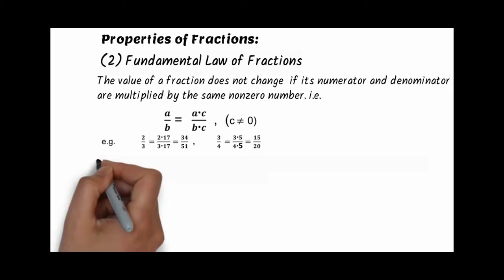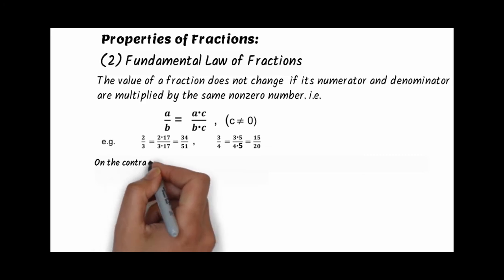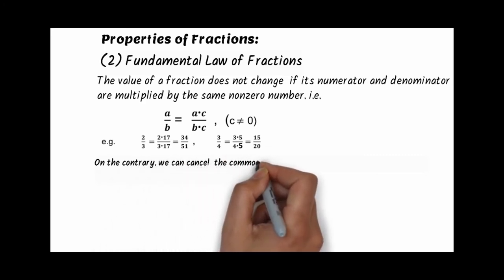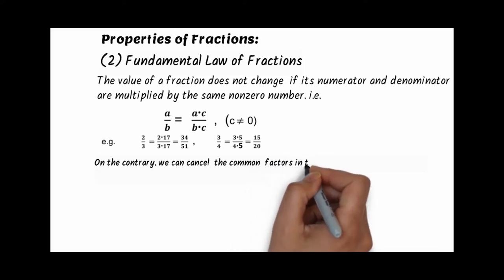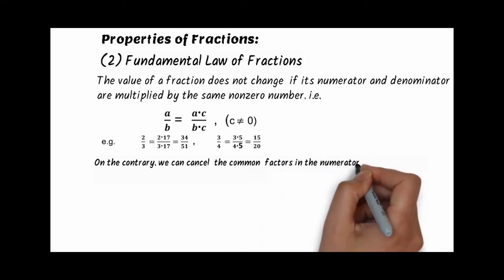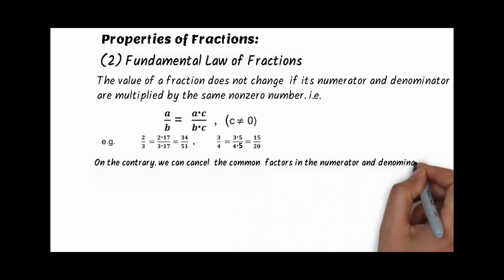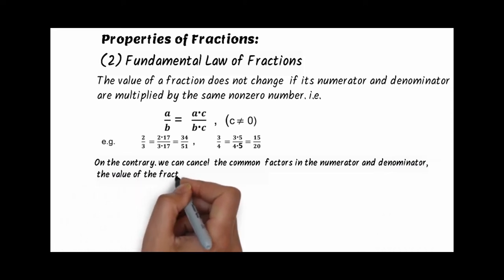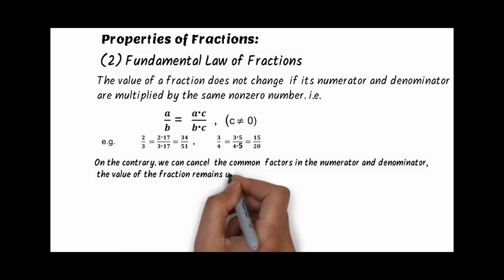Now if we look at this the other way around, that is, if we have a fraction that has common factors in the numerator and denominator, we can cancel these common factors in both the numerator and the denominator, and the value of the remaining fraction is exactly the same as the original.